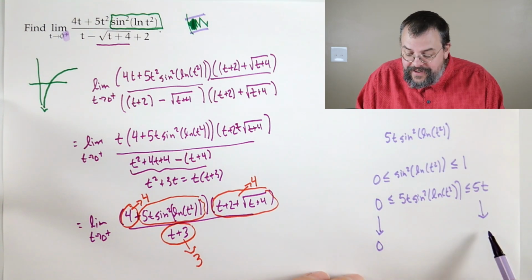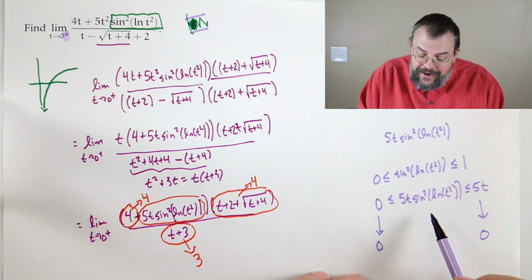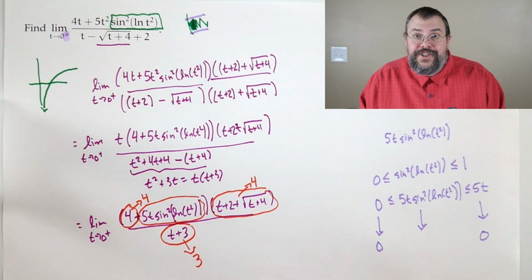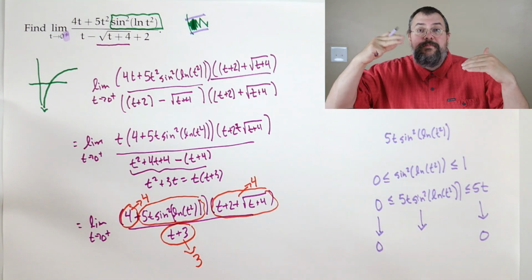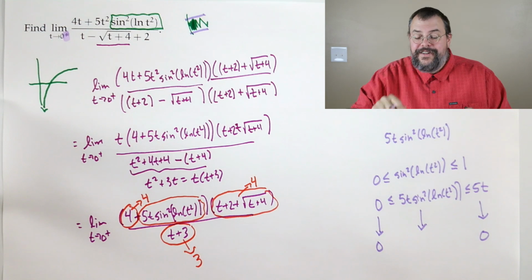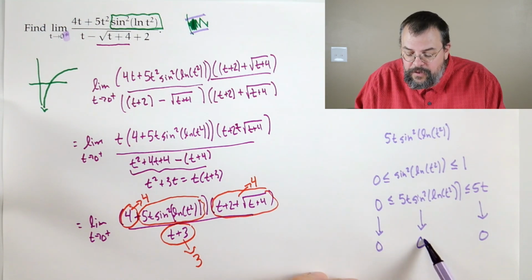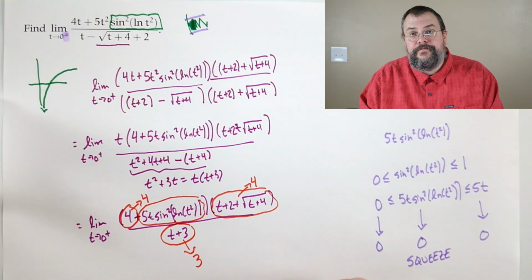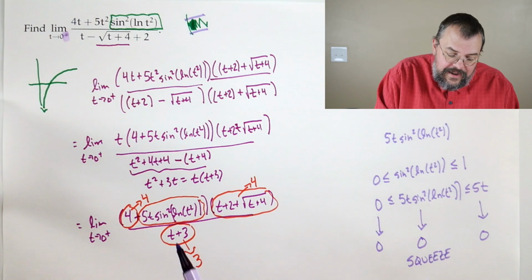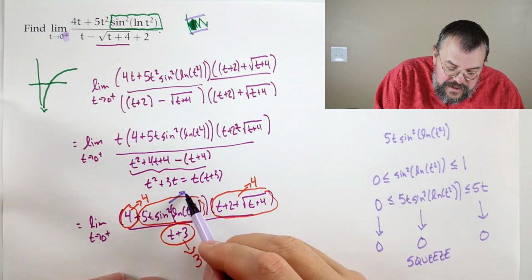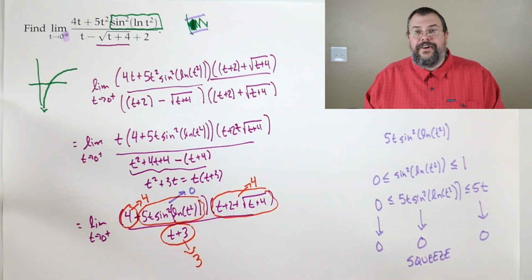Well, that's easy too. That's 0. Now, this crazy function has to be in between. So what is it going to do? By squeezing, that is also going to have to go to 0. So this really unpleasant looking piece goes to 0.